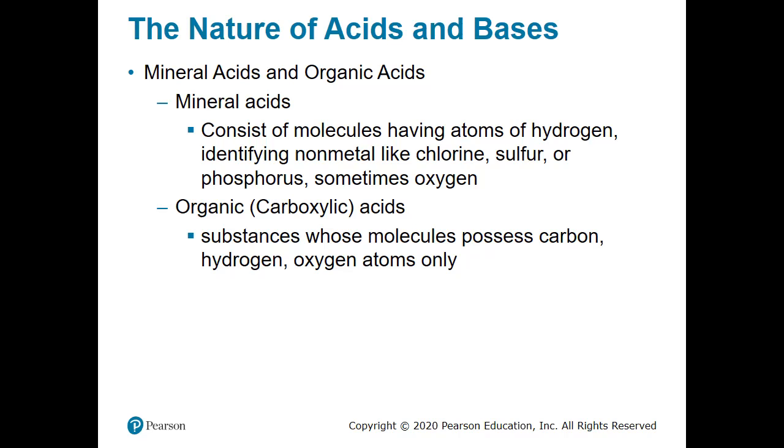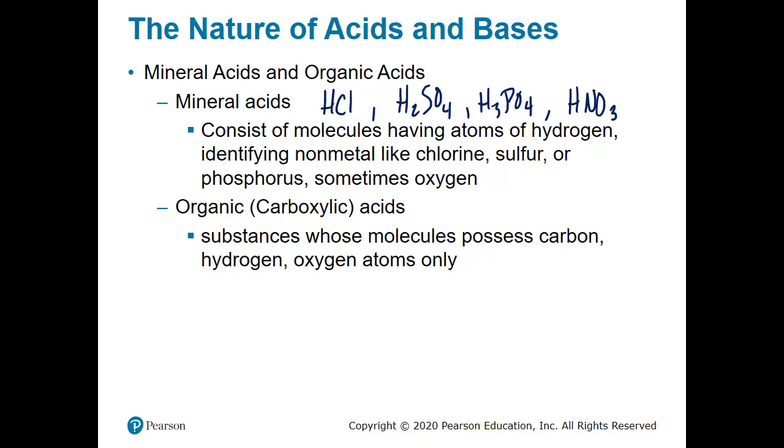Mineral acids would include things like hydrochloric acid, sulfuric acid, phosphoric acid, nitric acid. Although nitric acid is going to fit into another one of these categories as well. So these are your common laboratory acids.